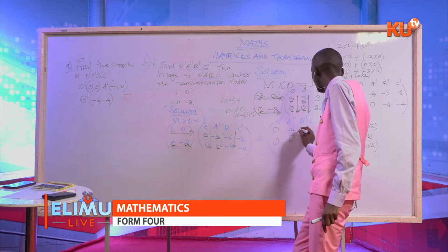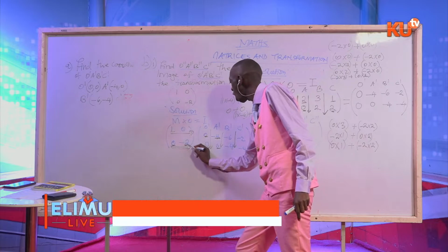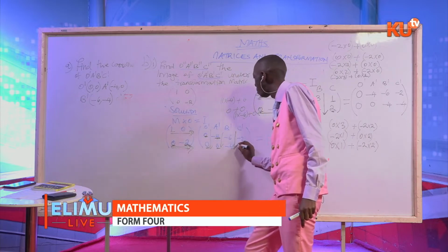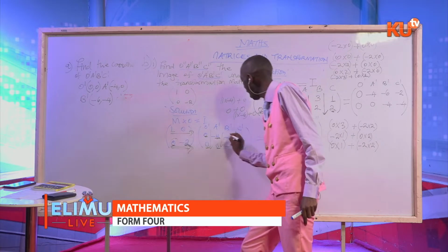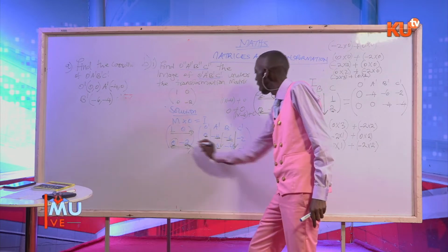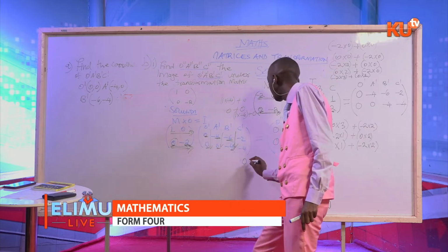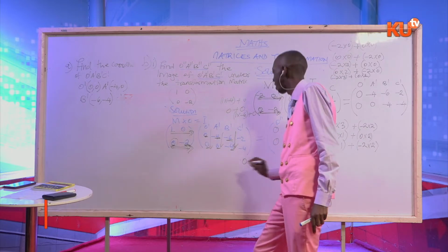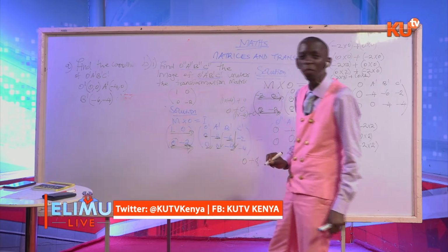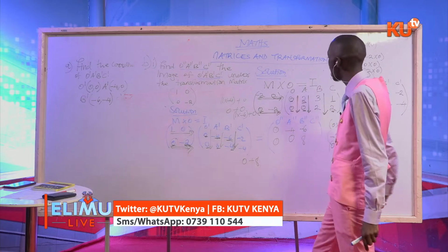It will give us negative 6. Second row, third column. 0 times negative 6 is 0. Negative 2 times negative 4 is positive 8. Therefore, our answer there is 8.